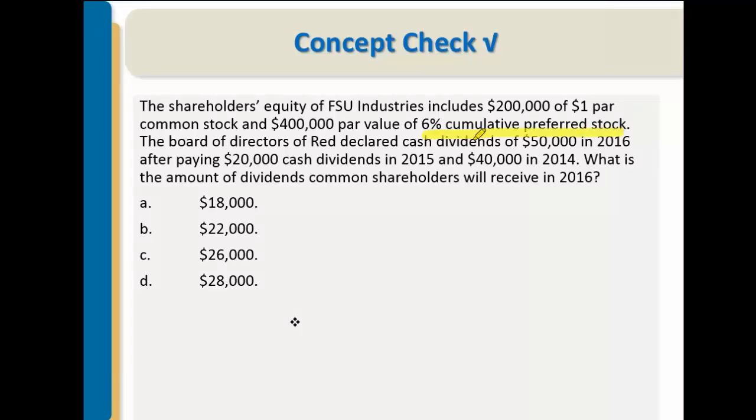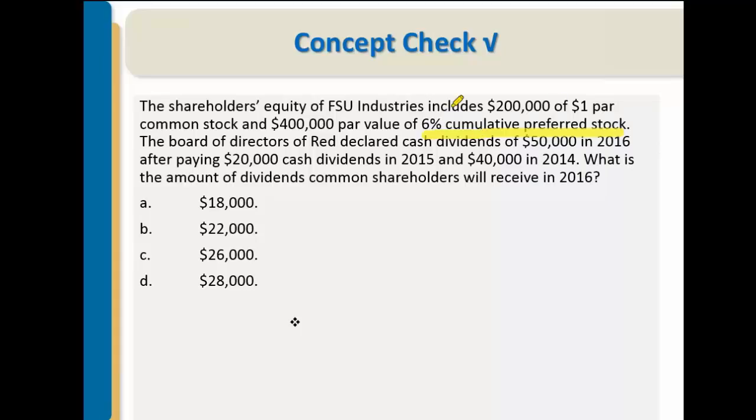The board of directors declared a cash dividend of $50,000 in 2016, after paying $20,000 in cash dividends in 2015 and $40,000 in 2014. What is the amount of dividends common stockholders will receive in 2016?